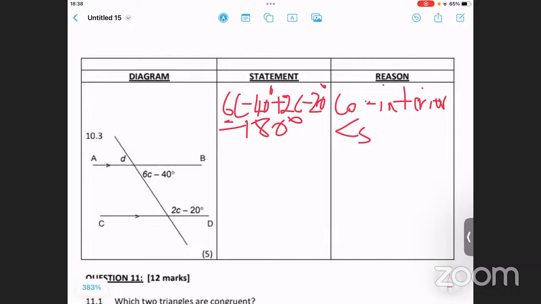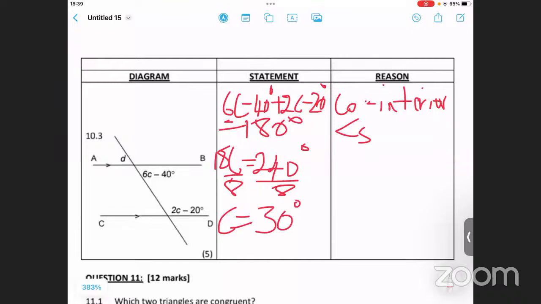Then, ma'am, I got 6c plus 2c equals 180 degrees plus 40 degrees plus 20 degrees, which gives me 8c equals 240 degrees. Then I divided all of that by 8. So 8c divided by 8 equals c. 240 degrees divided by 8 gives you 30 degrees, and our c is equal to 30 degrees.